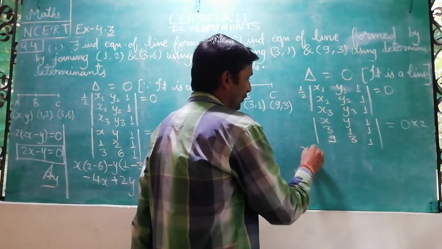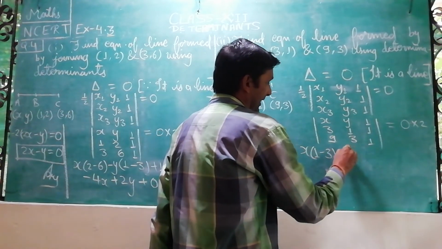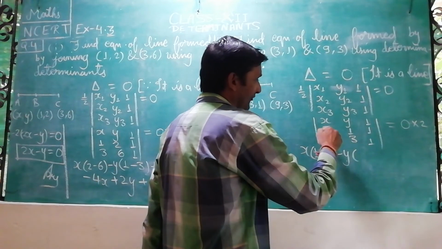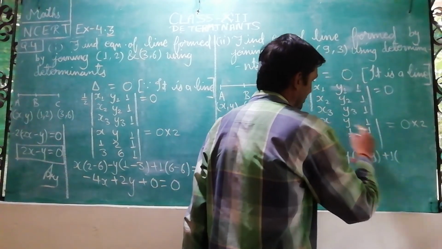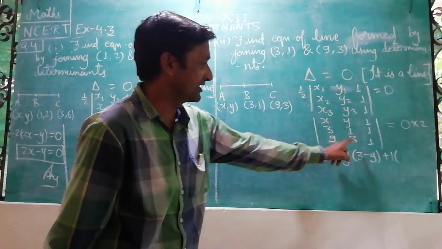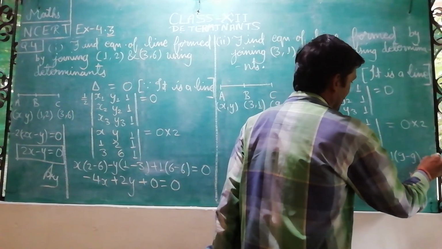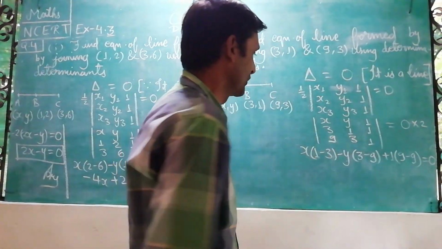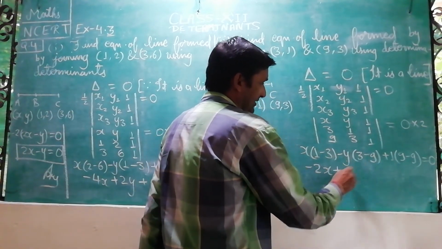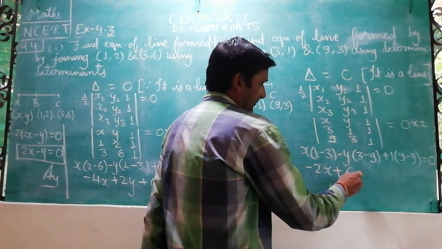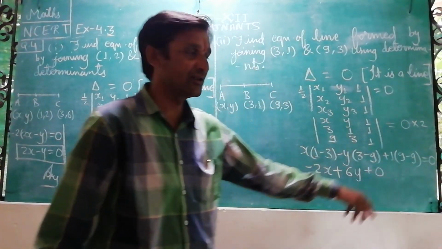Now x into (1 minus 3), minus y into (3 minus 9), plus 1 into (3 minus 9), which is 0 because 9 minus 9 is 0. So it will be minus 2x, minus into minus is plus, 9 minus 3 is 6, so plus 6y, plus 0.